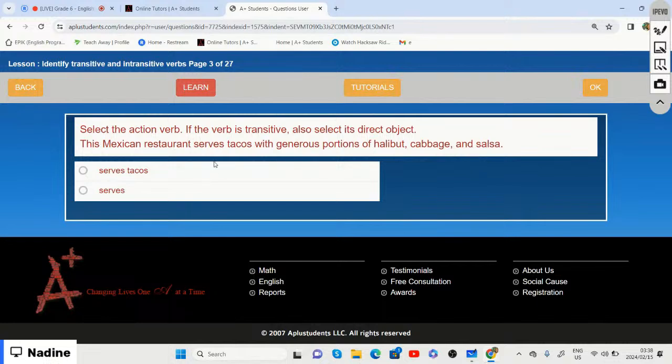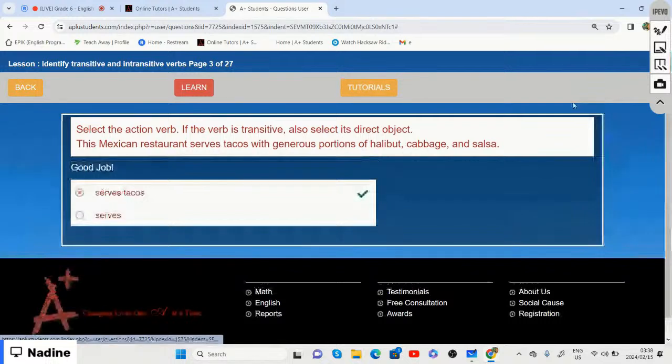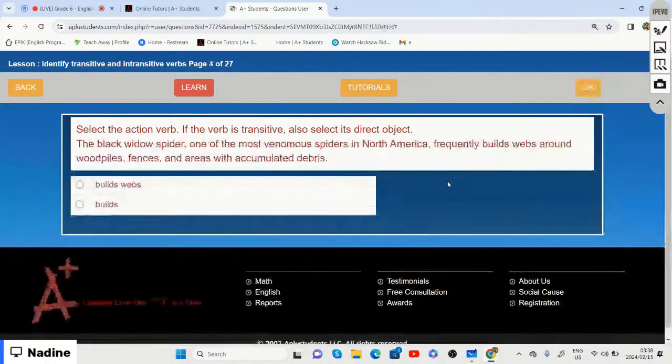Serves tacos is our answer, because it is our action verb and it is a transitive verb, which means we also identified our direct object, which is tacos.